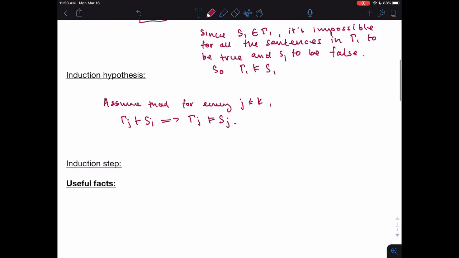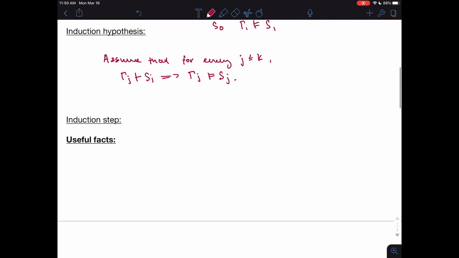In the induction step, now that you've assumed that the soundness theorem holds for everything up until a point, we want to prove that it holds for the next point. So here's what we want to do in the induction step: prove that if sk plus 1 is derivable from gamma k plus 1, then gamma k plus 1 truth functionally entails sk plus 1.